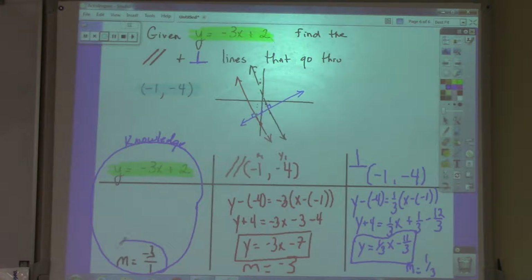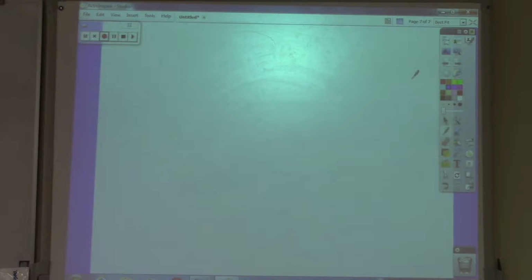So you look and you get this information and you transfer that information over to the bottom of this column right there, and then you transfer this information to the bottom of this column, and then once you have the M at the bottom of each column, this one and this one, you've got the points at the top, you just plug in the points of the equation. And that's it. That's 6.7.